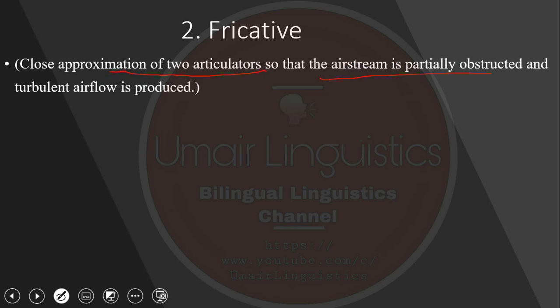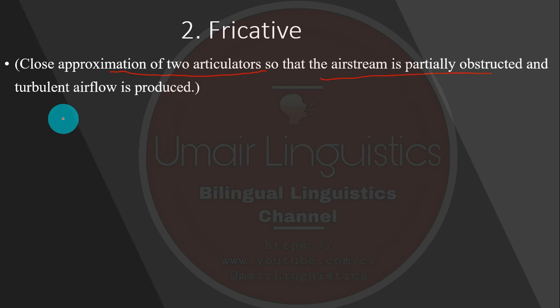In bilabials or in stops, which are also called plosives, the articulators come into contact with each other completely, and there was a complete closure of air. But here the articulators come close to each other, the airstream is partially obstructed, and the airflow is turbulent.